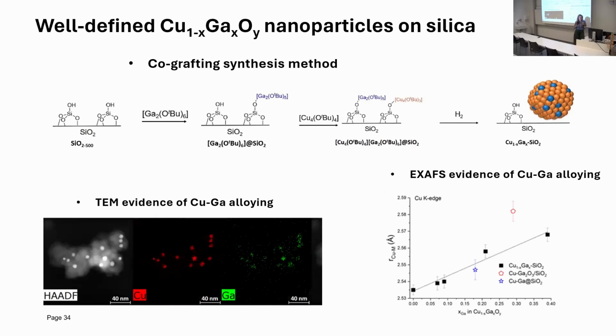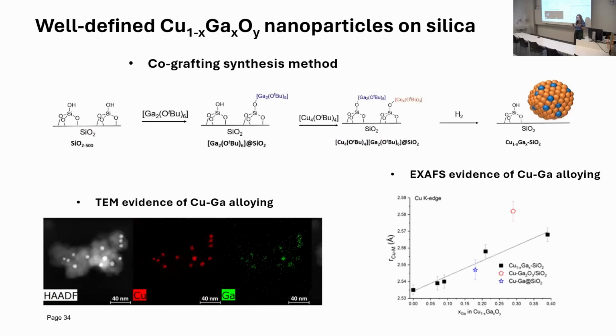The methods they used were grafting gallium and copper precursors in controlled quantity on specially activated silica to get bimetallic copper-gallium nanoparticles with a known copper-gallium ratio, which was confirmed by TEM studies. And we also measured copper-metal distance, so we could see that the concentration of gallium is controlled.